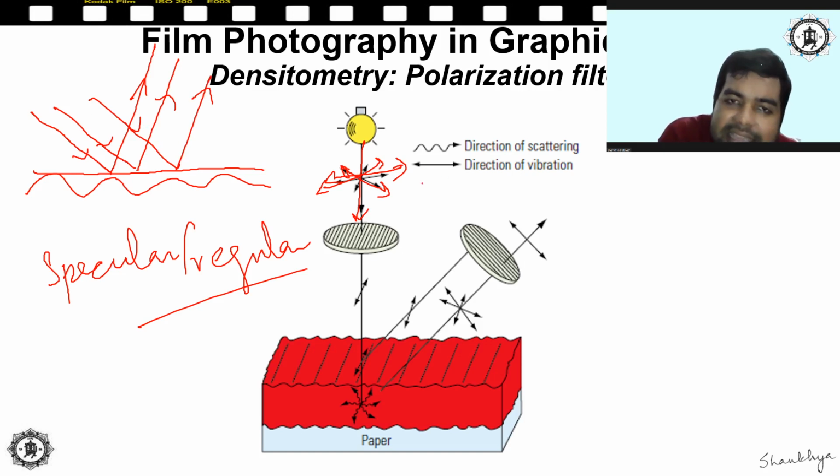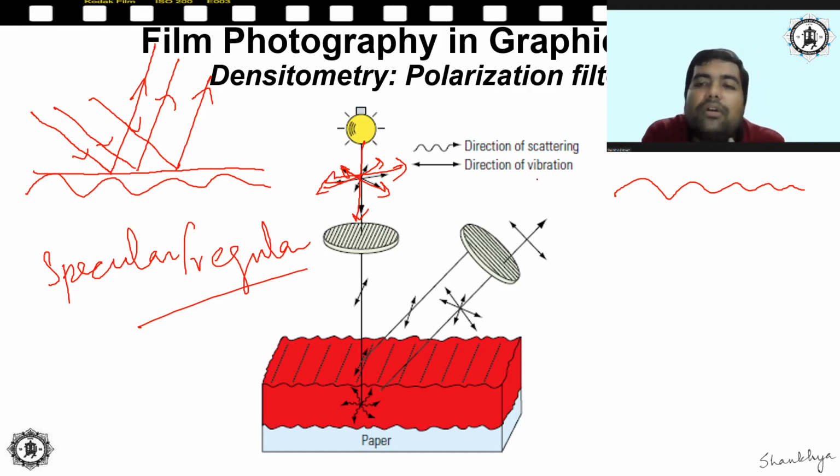But once the ink film has got absorbed onto the piece of paper on which it is printed, it takes on the irregular shape of the paper. So in this situation, what is going to happen? Will specular or regular reflection take place?